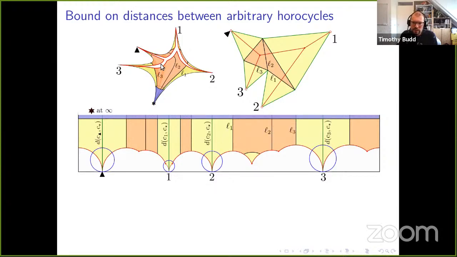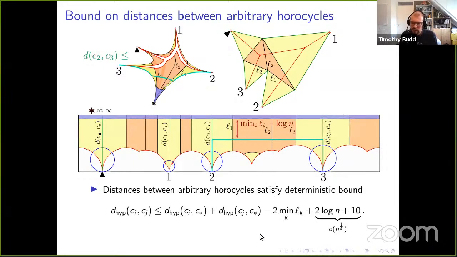And distances to the origin are nicely encoded in kind of the vertical distances in this upper half plane. And then we can actually find some bounds on distances between cusps by constructing some nice paths within this hyperbolic polygon.